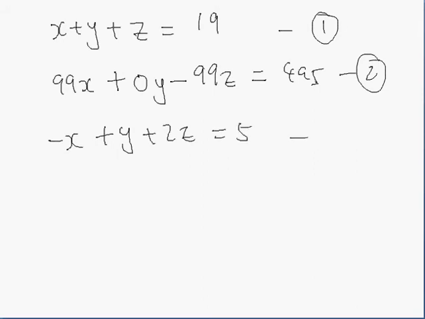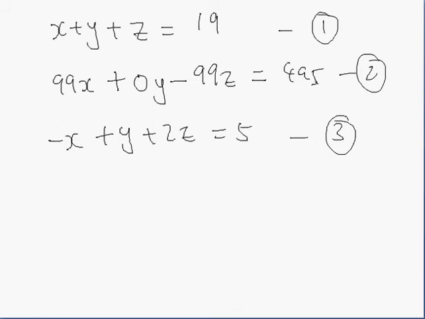Okay, you realize that before I actually use the GC to solve, I make sure that I arrange the equations such that all the same unknown variables line up. You see, all the x in the first column, all the y in the second column, all the z in the third column, because you need to arrange it in this format before you key into the GC. Otherwise, you are going to get the wrong answer.